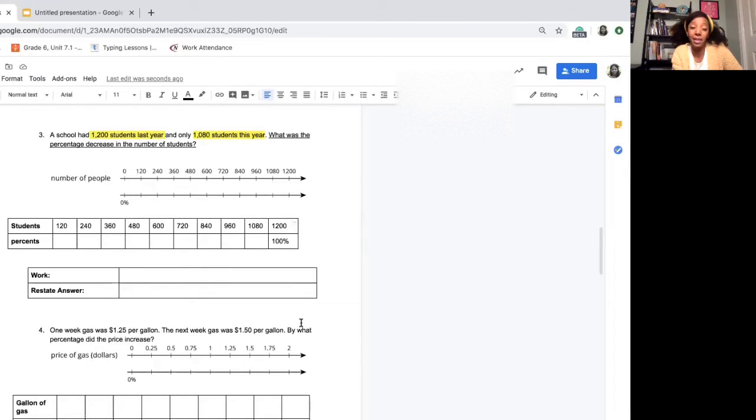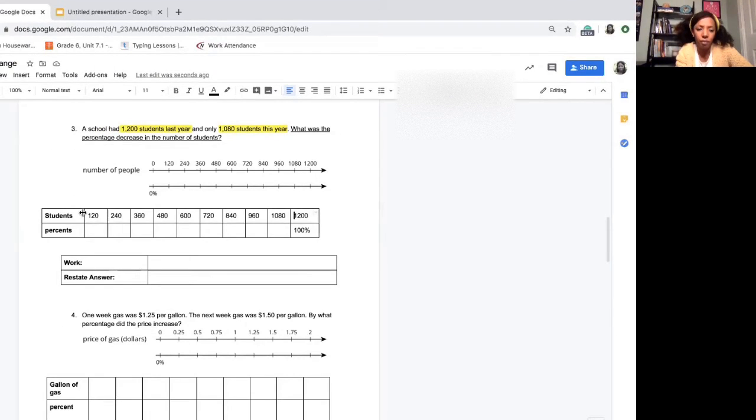What I do here is count the number of sections that I have, and that's how I would separate my percents. I have a total of 10 sections or 10 equal pieces. So we would cut our whole into 10 equal pieces. So that means 100 divided by 10 is going to give us 10.